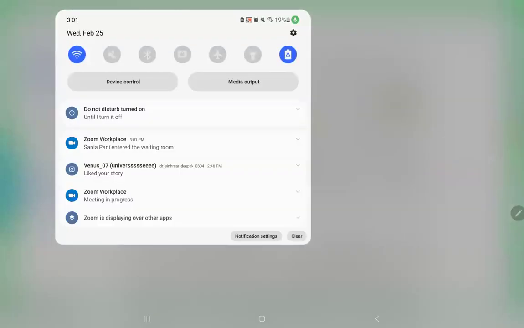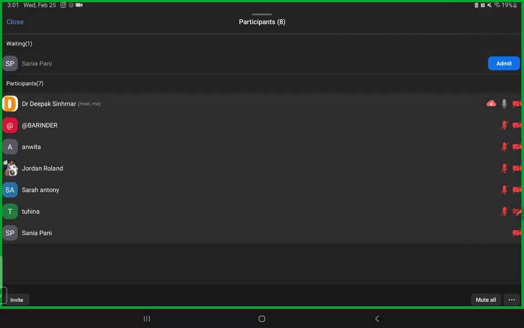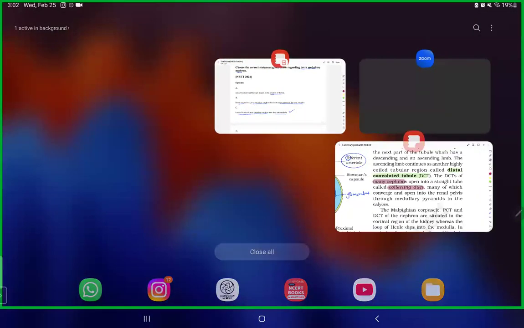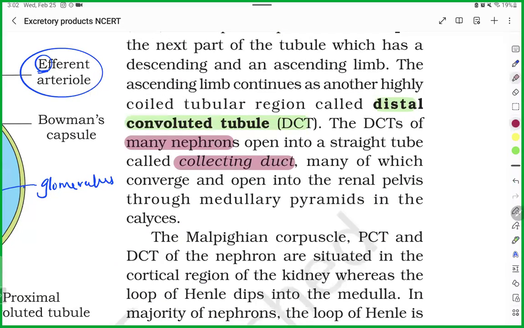No, multiple nephrons have a common collecting duct. That's what I mentioned. Even in this class, I am reading NCERT, but I will highlight where you can make mistakes. In PCT, loop of Henle, DCT, you won't make mistakes, but here you can. Many nephrons have a common collecting duct.